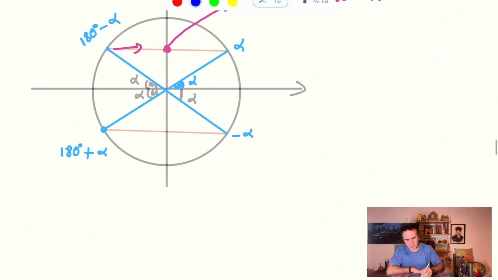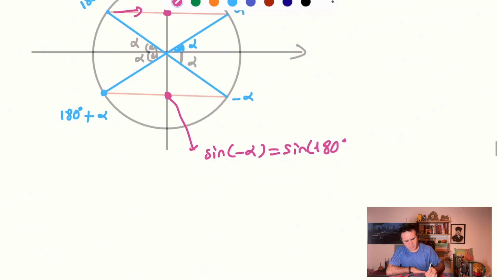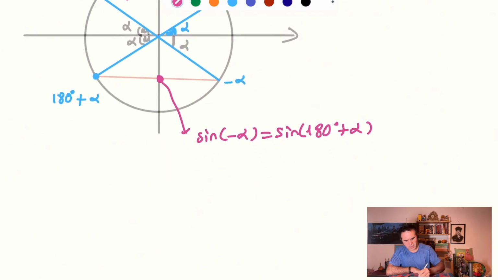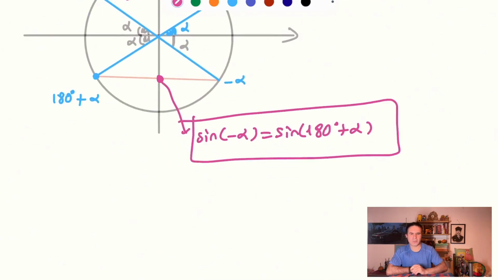Here, as you see, this is minus alpha, and the sine value of this will be here, and here we have sine of minus alpha. But also we have here 180 degrees plus alpha, and the sine value of this is here. This means that here we have sine of 180 degrees plus alpha, and they are equal.